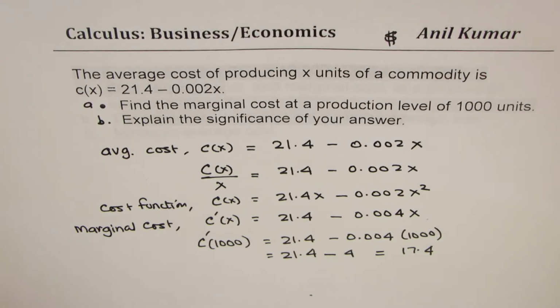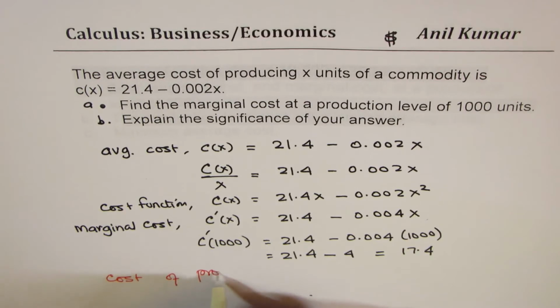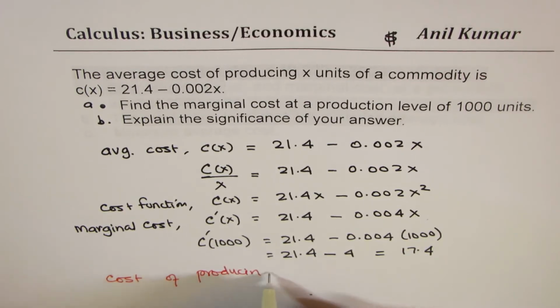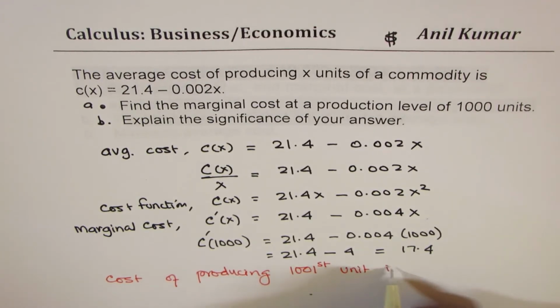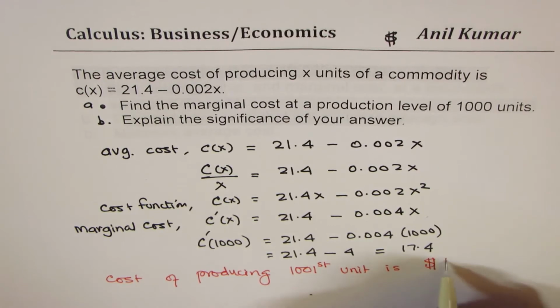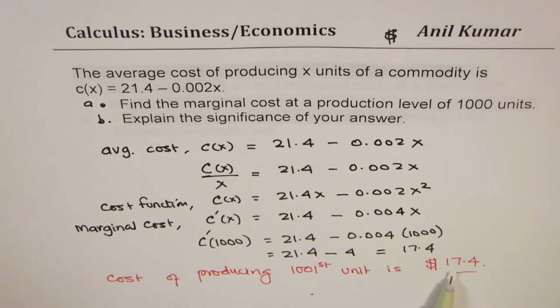It really means, this is very important to understand, that the cost of producing the 1000 first item unit is dollars 17.4. So if I'm using dollars as the unit, that is the cost for producing the next item, right? It is the rate of change of cost. So I hope this is absolutely clear to you.